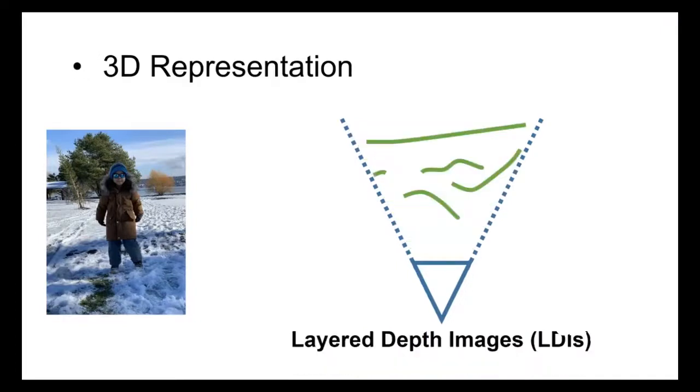So the particular representation we use instead is called layer depth image, or LDIs. This is an interesting representation. It essentially is an image where at each integer pixel position you can store one or multiple RGBD values. The XY image coordinates are quantized just like the normal image pixel grid, and each image coordinate corresponds to a 3D ray into the space.